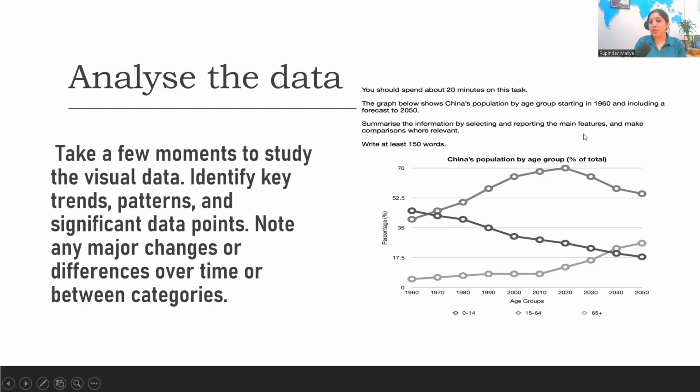So we must mention the categories in the year of 1960, and of course we must include the forecast for 2050, and that also for different age groups like 0 to 14, 15 to 64, and 65 plus. We should not leave any information unattempted, or we're not focusing on something that will deduct the band scoring.